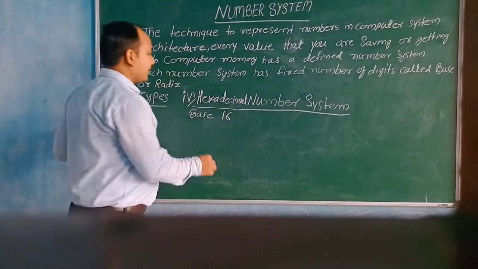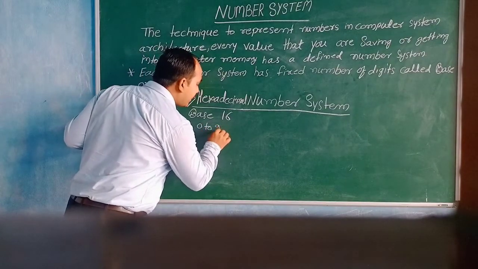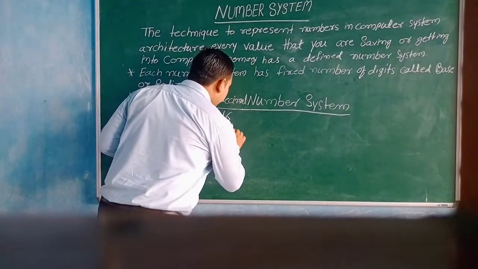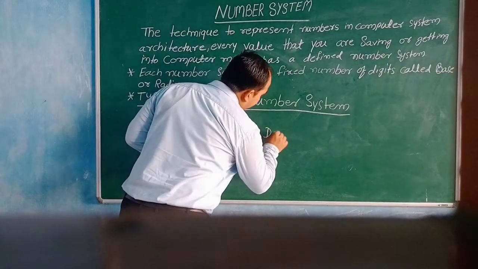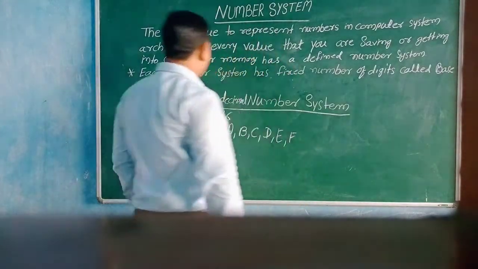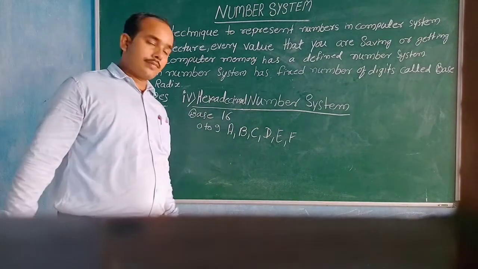Look, we will take the numbers 0 to 9, and A, B, C, D, E, and F. All of these pertain to the hexadecimal number system.